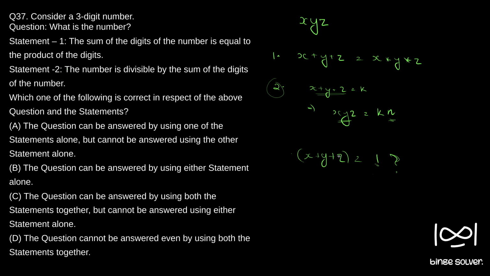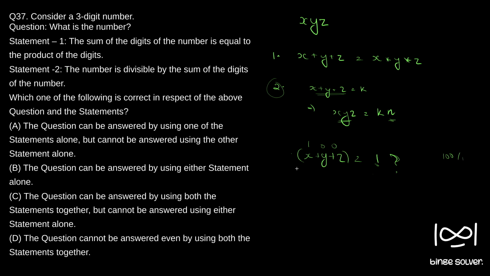But how can the sum of x, y, z be 1? It's only when x is 1, and y and z are 0. Only in this case will we have a 3-digit number with sum 1. As you can see, 100 is divisible by the sum of the digits, that is 1.